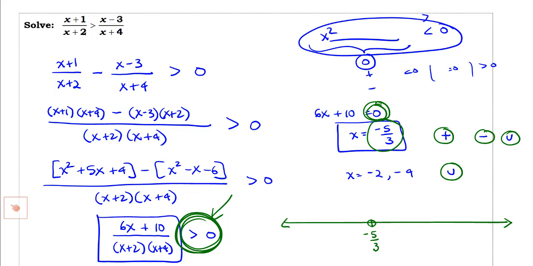Yeah, because negative 5/3 is about negative 1.67, right? So here's negative 2. And here's negative 4, let's say. And I don't put a 0 in because it'll confuse you. You think that 0 is another point to worry about. I'm leaving the 0 off. Can x be negative 2 or negative 4? No.